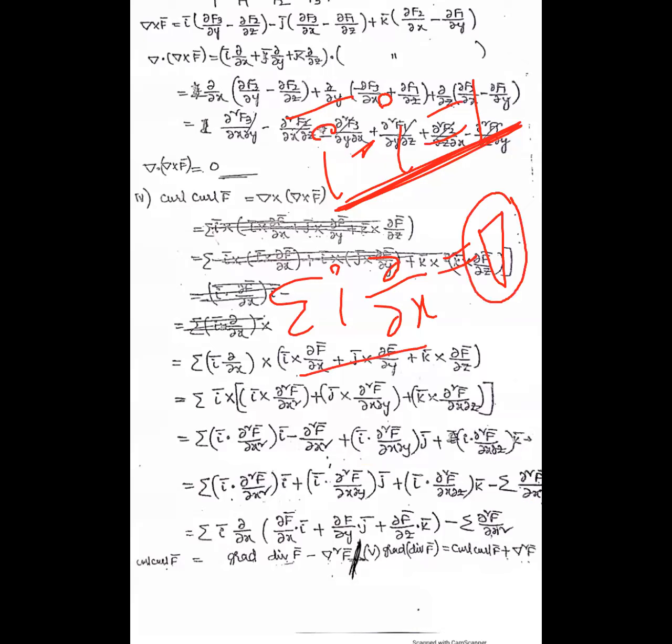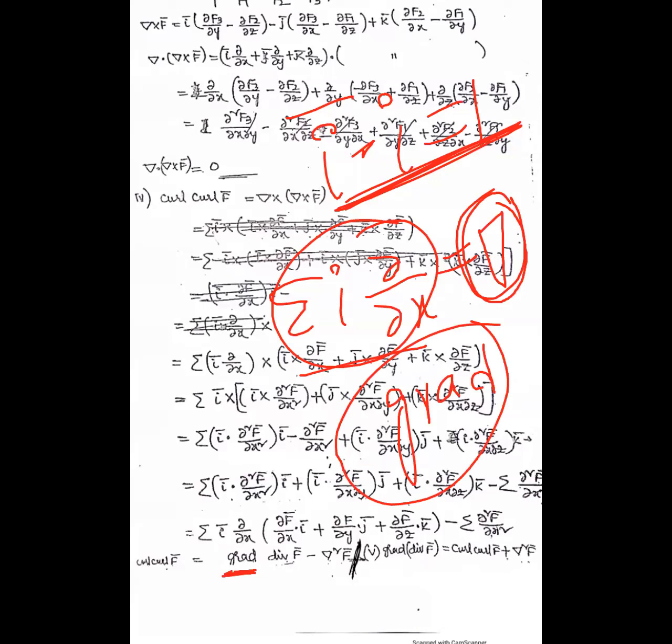So del is written symbolically as grad. So the first value is grad, and the second value in the brackets, ∂f/∂x dot i, ∂f/∂y dot j, ∂f/∂z dot k, is div f bar.